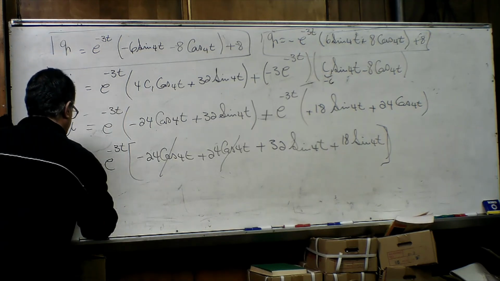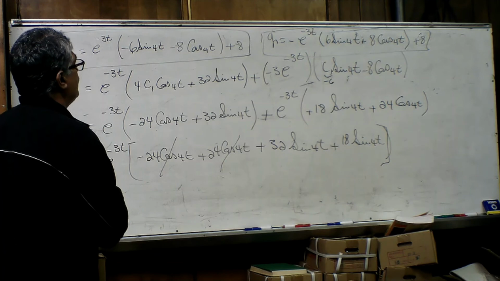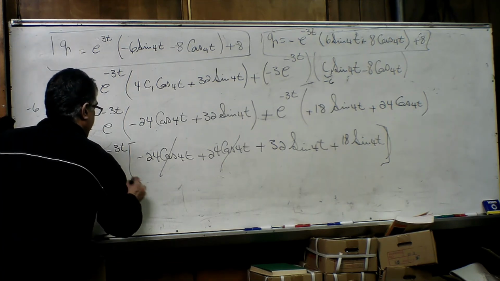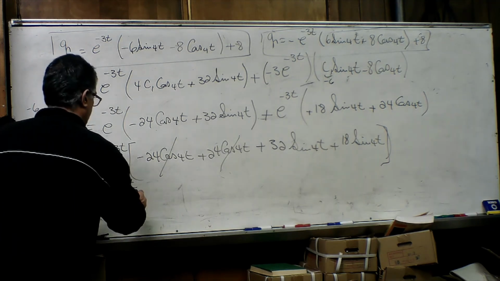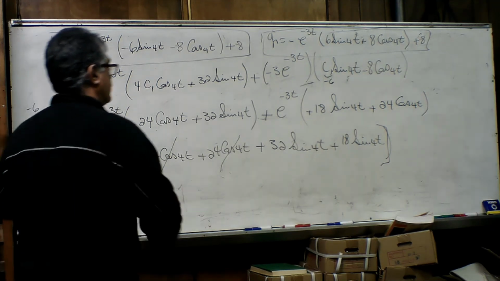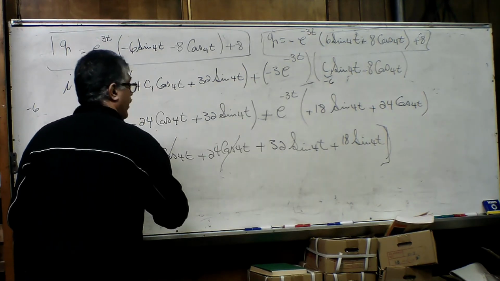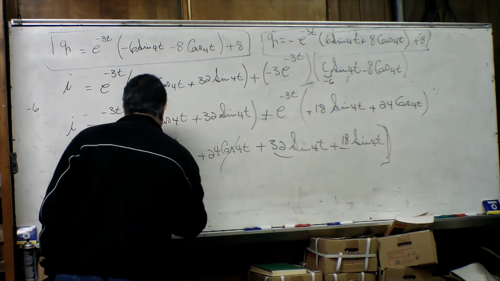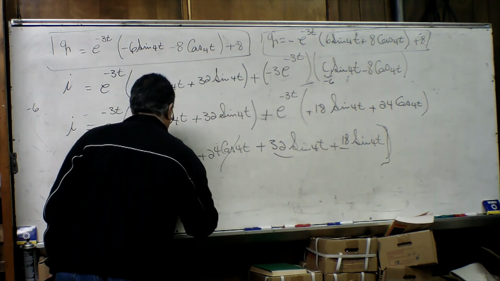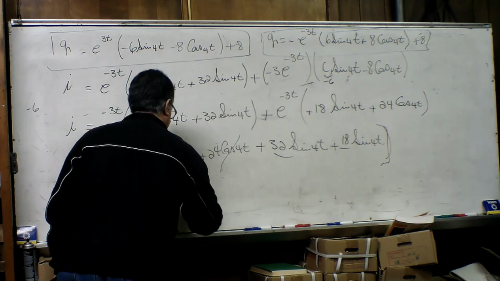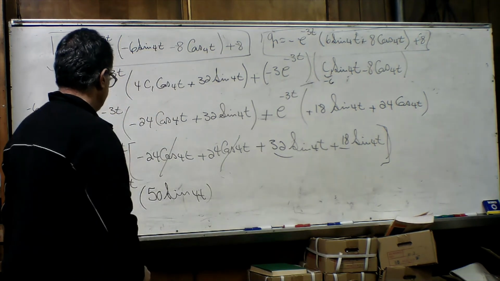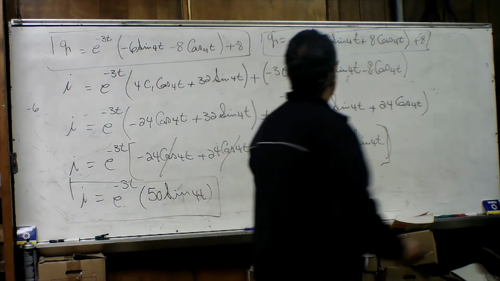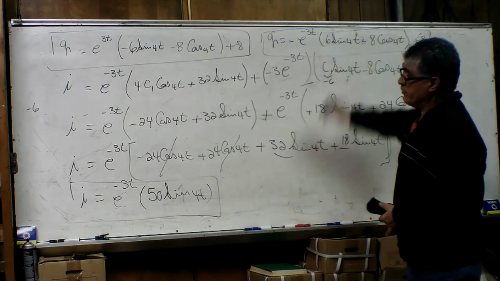So our I will be equal to e to power minus 3t multiplied by 32 plus 18, 50 sine of 4t. So this is our current, and this is our charge.